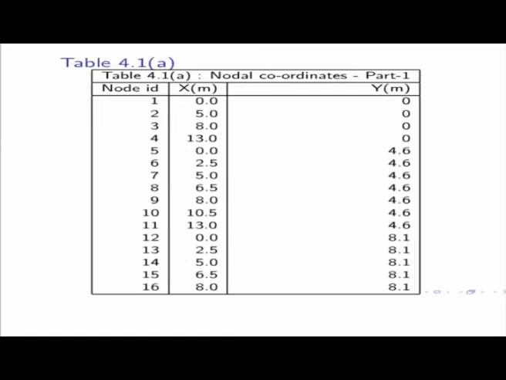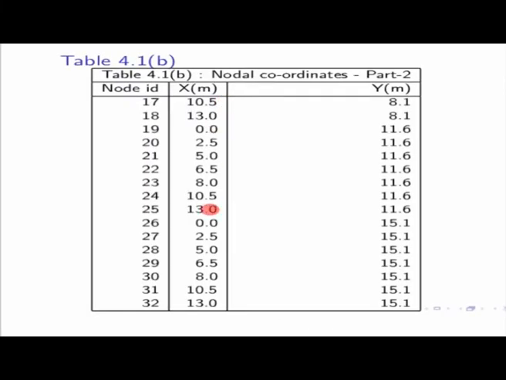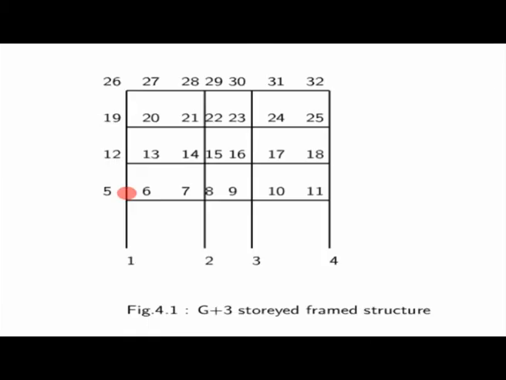This one has all the same y, this one has the same y, this one has the same y. So like that we have given all the nodes. Then load at 5, 12, 19, 26. So 5, 12, 19 and 26. This way I am giving the load.